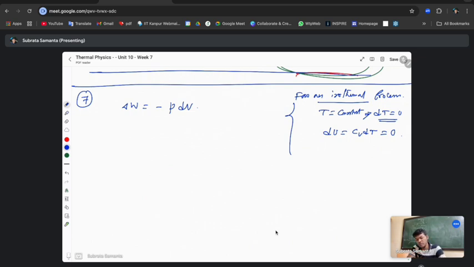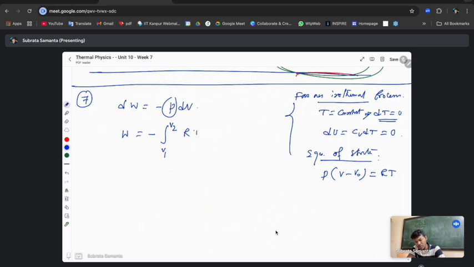Now I have to integrate. The equation of state is P times (V minus V naught) equals RT, so replace this for P. So W equals minus the integral from V1 to V2 of RT over (V minus V naught) dV.